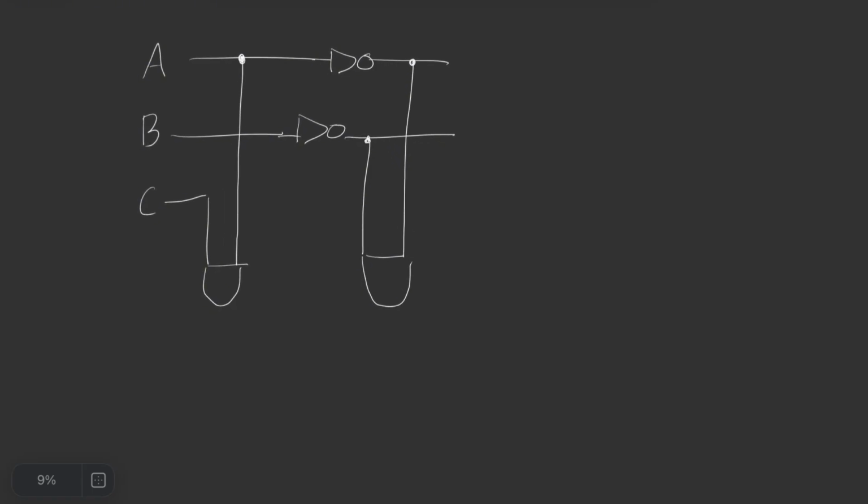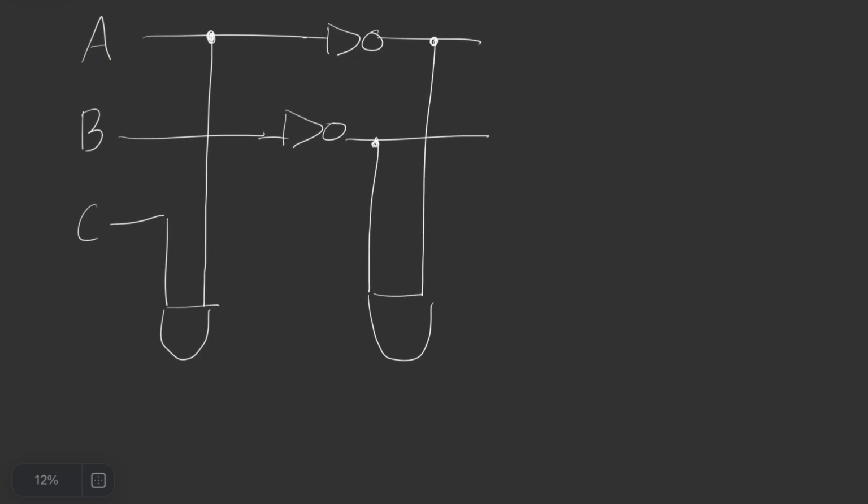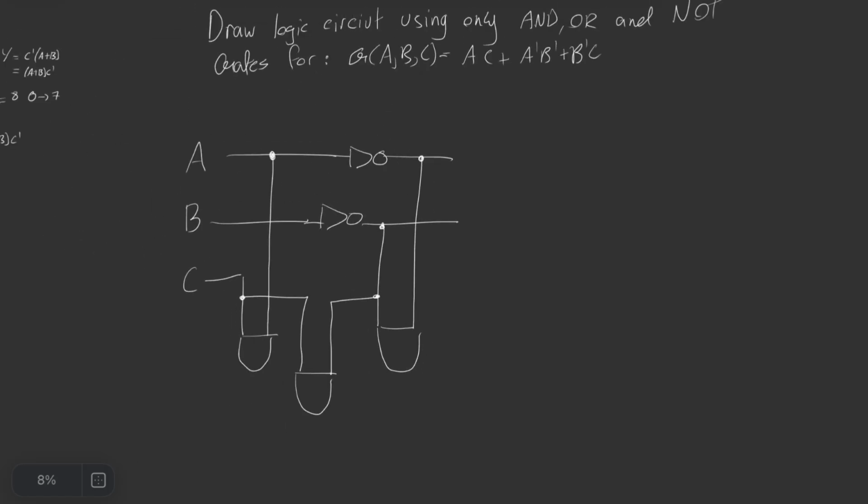So what I am going to do is, and this hopefully doesn't confuse you guys, I'm going to take a wire from C and extend it down, take a wire from B prime and extend it down. And this is our third AND gate.